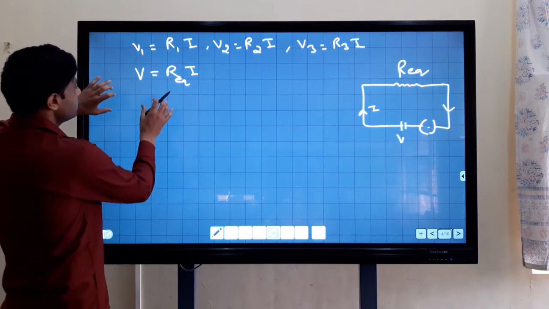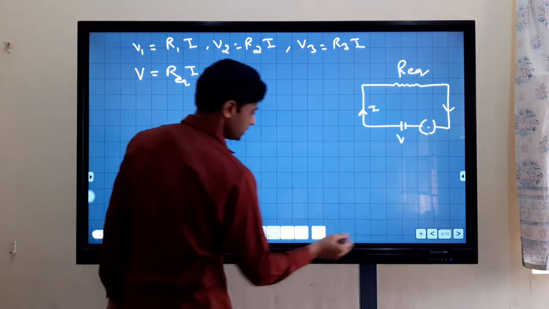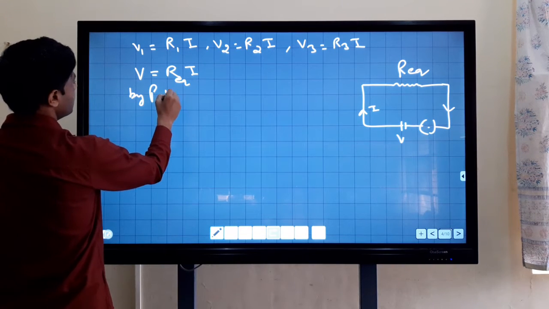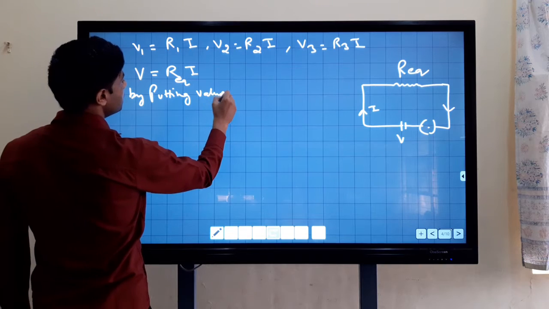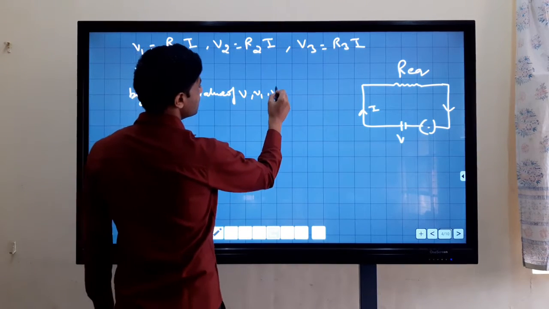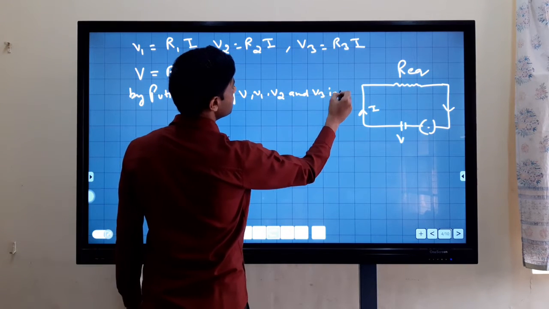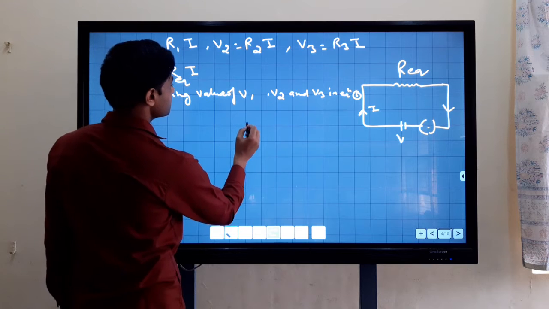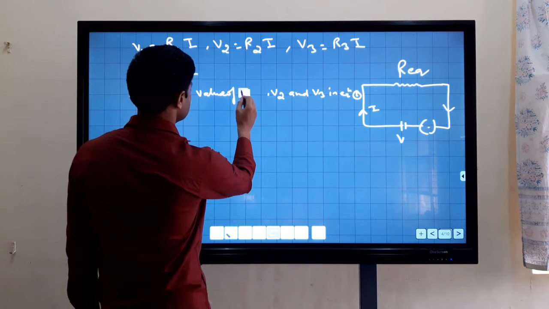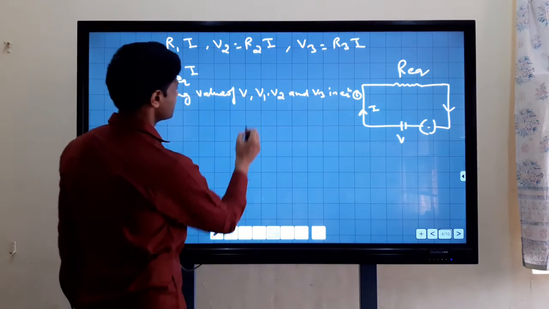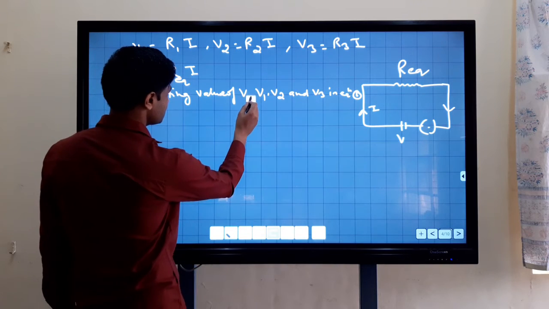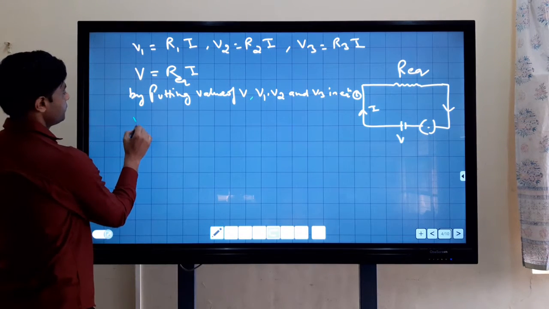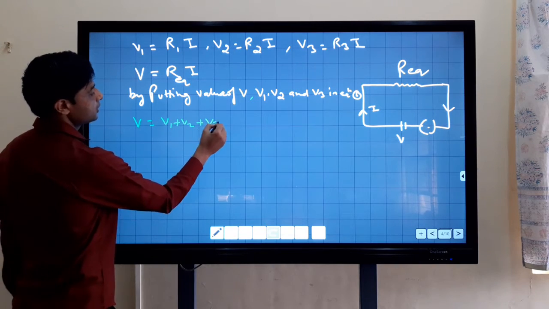So by putting the values of V, V1, V2 and V3 in equation first, V equal to V1 plus V2 plus V3.